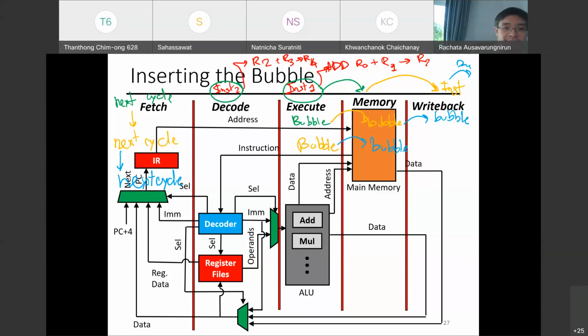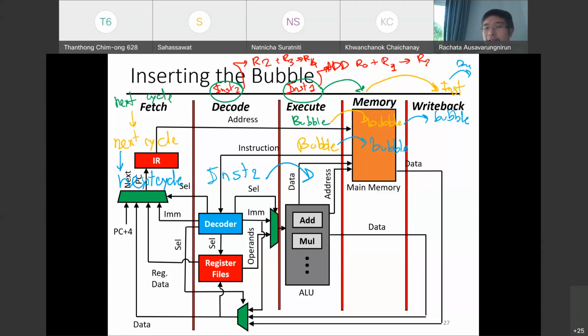Because I'm done, instruction 2 can now move here because now I know what R2 is. Okay. With me so far? Basically, this makes sure I have my data by inserting bubbles. And every time I insert a bubble, it means I'm going to slow things down because I'm not computing anything.